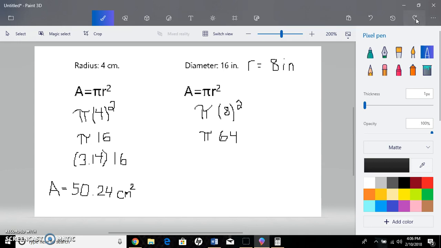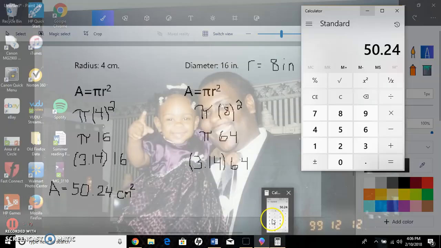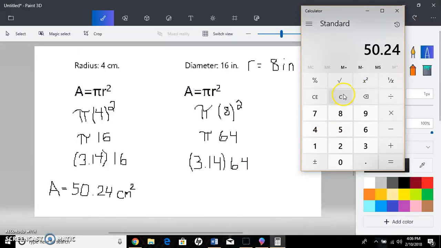Then we're going to change pi to 3.14 in parentheses and 64. Now we're going to go back into our calculator and see what this equals. So 3.14 times 64, and we get 200.96.